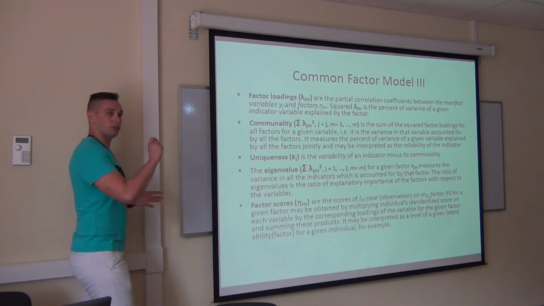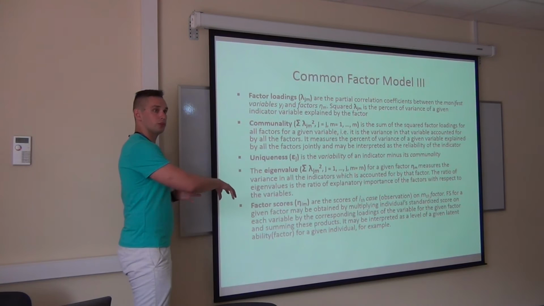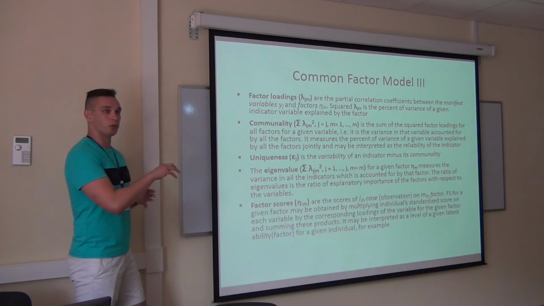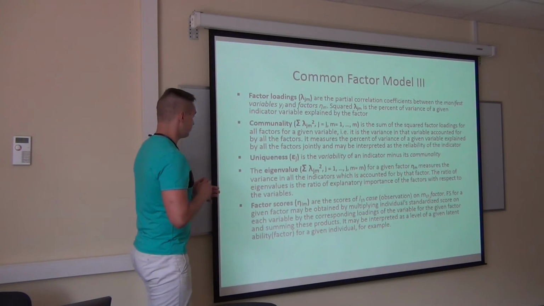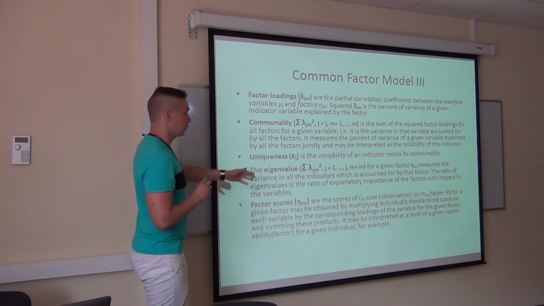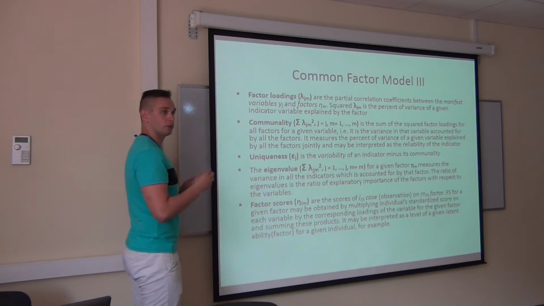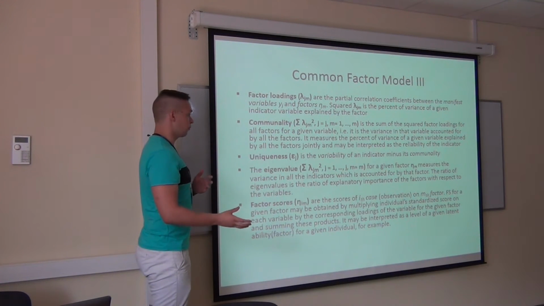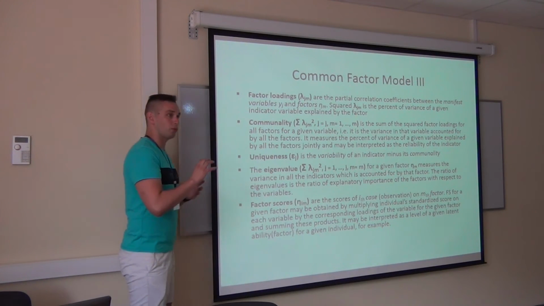So we take one indicator, we take all factors related to this indicator, and we compute the sum of squared factor loadings for all of these. So communality is related to indicators, eigenvalues are related to latent variables. So eigenvalue is a sum of squared factor loadings for some particular latent variable in our model.